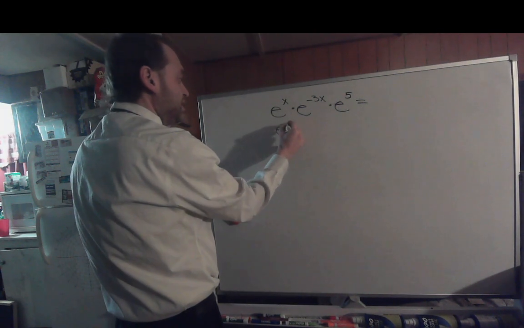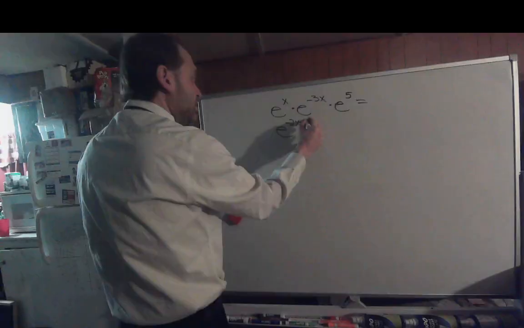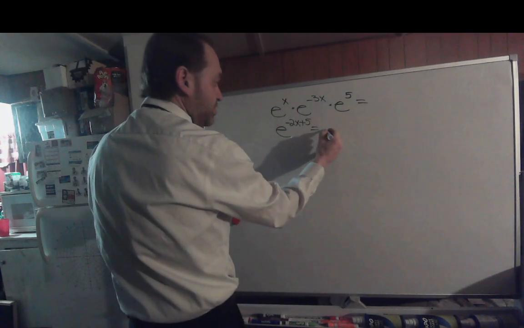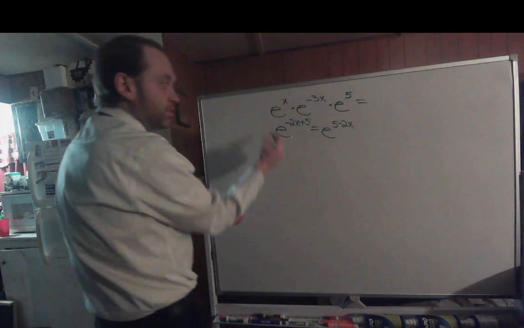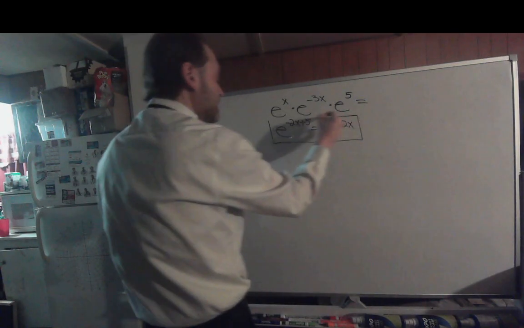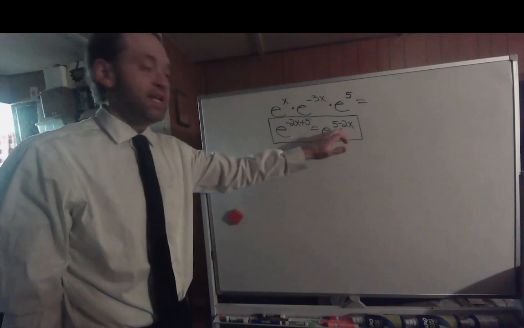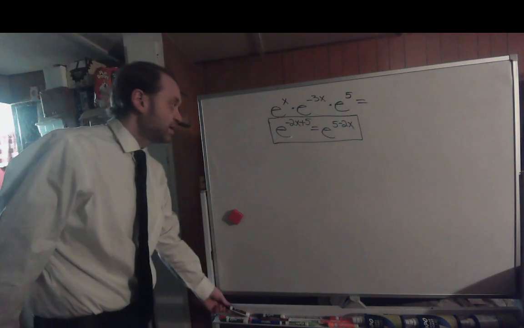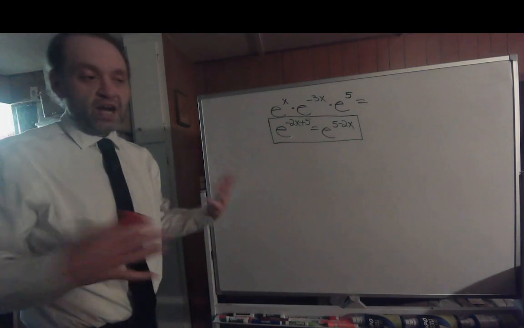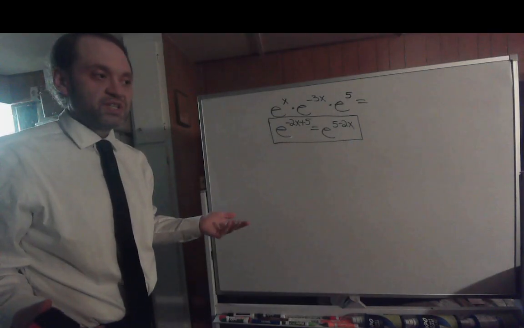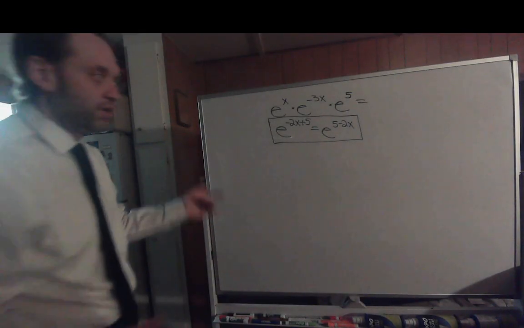So this would be e to the negative 2x plus 5, which you could also say is e to the 5 minus 2x. You could write it either way. Either way would be correct. And you would have your exponential function, and the graph of e to the x looks almost identical to 2 to the x or 3 to the x or any other function.